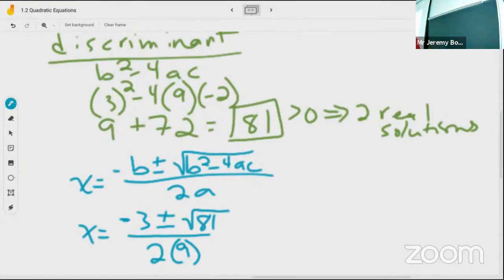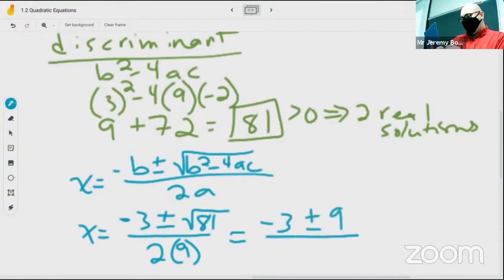For this one, I don't need to evaluate the -3. That's just going to stay as is. Can we take the square root of 81? It's 9. So this is -3 plus or minus 9 over 2 times 9, which is 18.